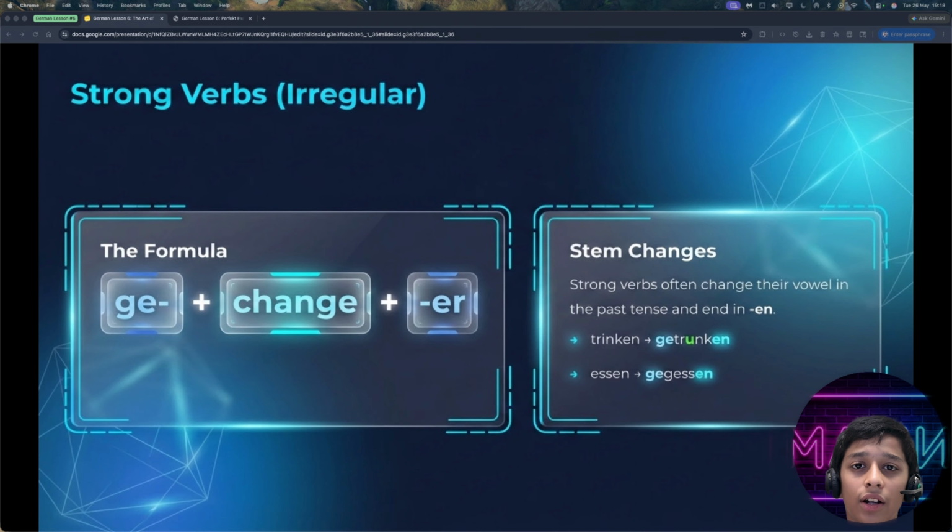Now, the irregular or strong verbs do things a little differently. The formula is ge plus a changed stem plus en. The vowel in the middle often shifts, which is what makes this feel unpredictable. Trinken means getrunken. Essen means gegessen. Yes, you will need to memorize these, but the en ending is always your signal that you are looking at a strong verb.